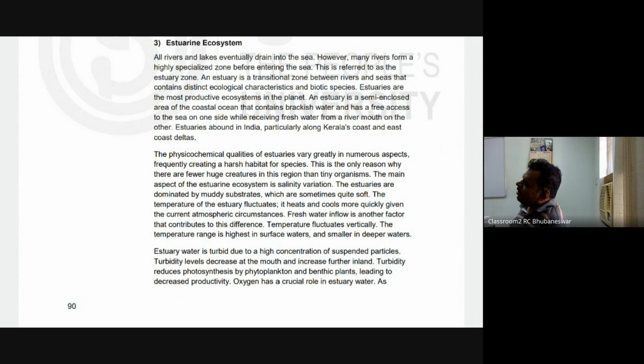Estuaries are prominent on the Kerala coast, and the Andhra and Tamil Nadu coasts also have some estuaries. In Kerala, you will see the backwaters, also known as Kayal. All these are characterized by estuarine ecosystems, because they have a mixture of both ecosystems.